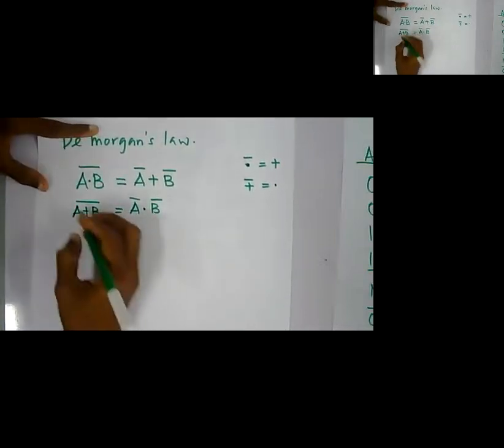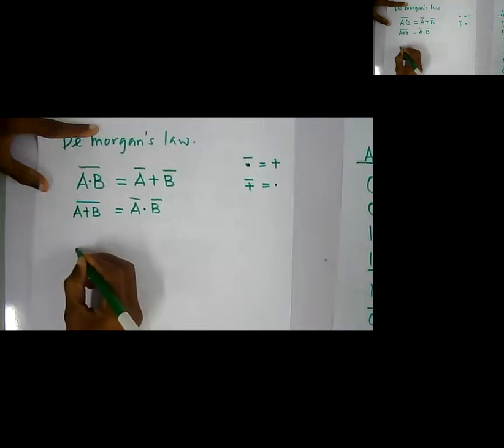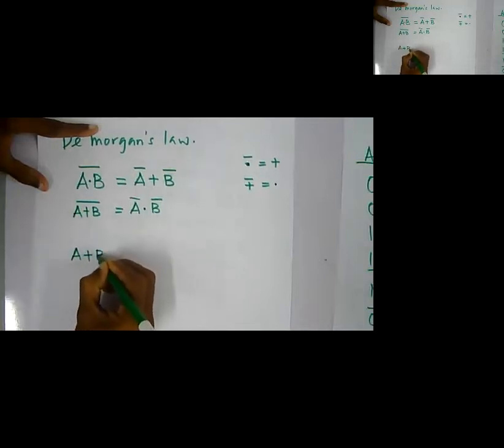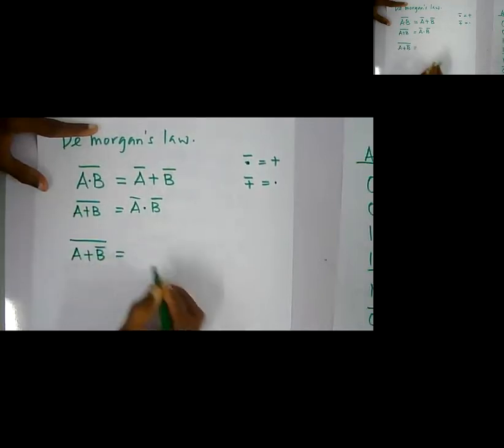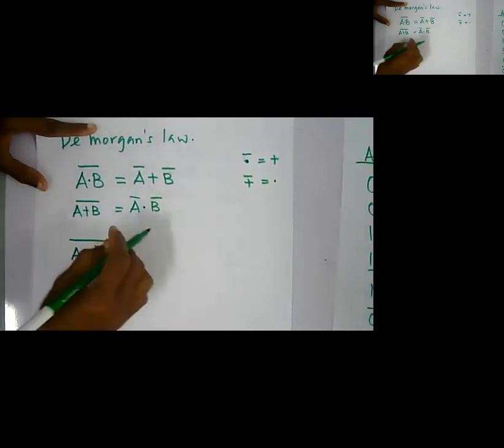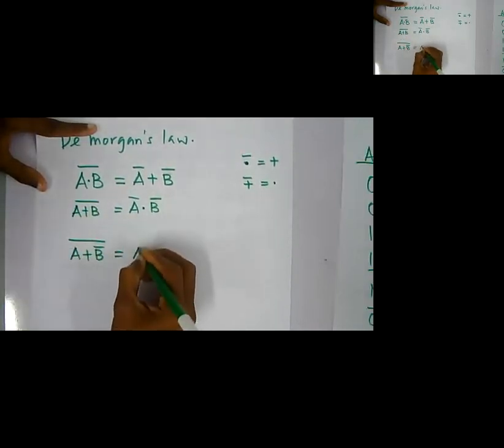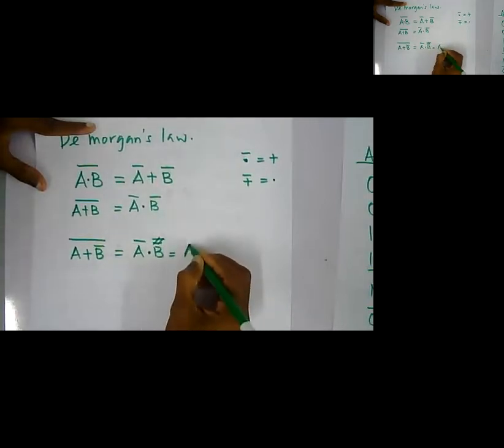Similarly, if I apply De Morgan's theorem to A plus B bar whole bar, I'll put the bar on A, which becomes A bar, and then the bar on plus becomes dot, and then the bar on B bar becomes B double bar. B double bar is actually B, right? I can write it as A bar dot B.